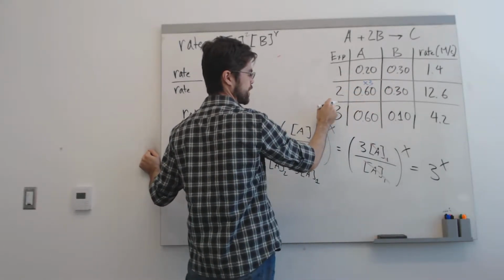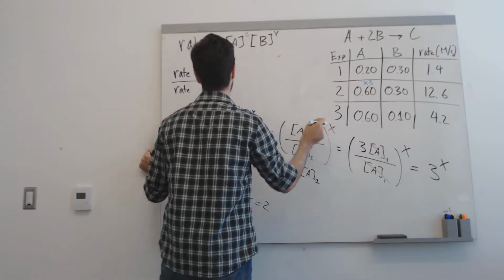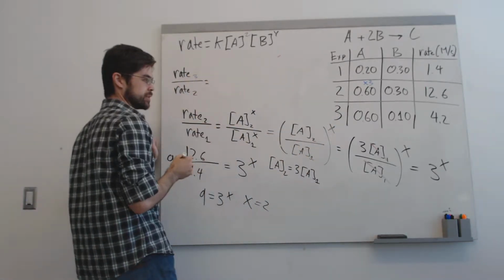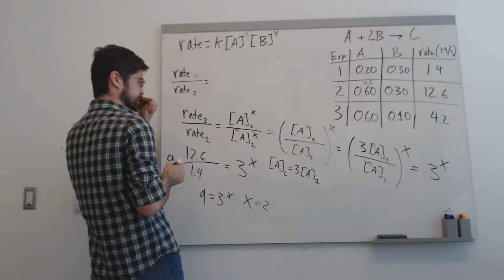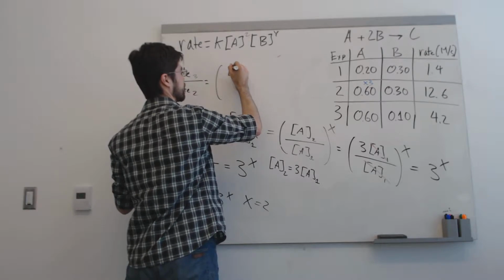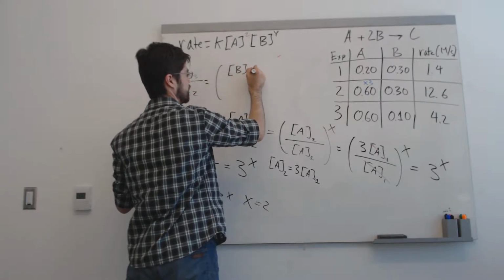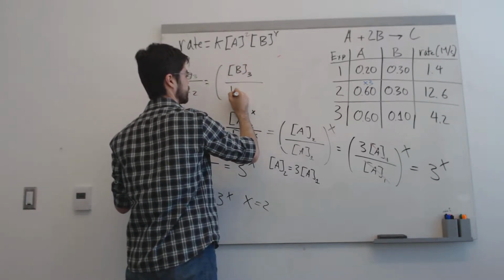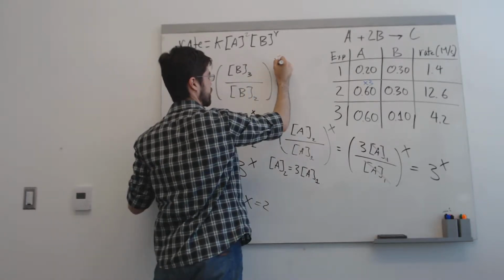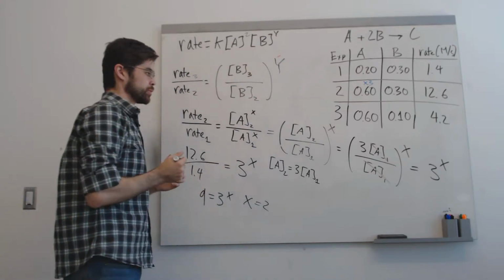So instead, I'll look at how the concentration changes between 2 and 3. So I'll look at the ratio of rate 3 to rate 2. That should be equal to, applying this here, the concentration of B in the third experiment over the concentration of B in the second experiment raised to its exponent y.